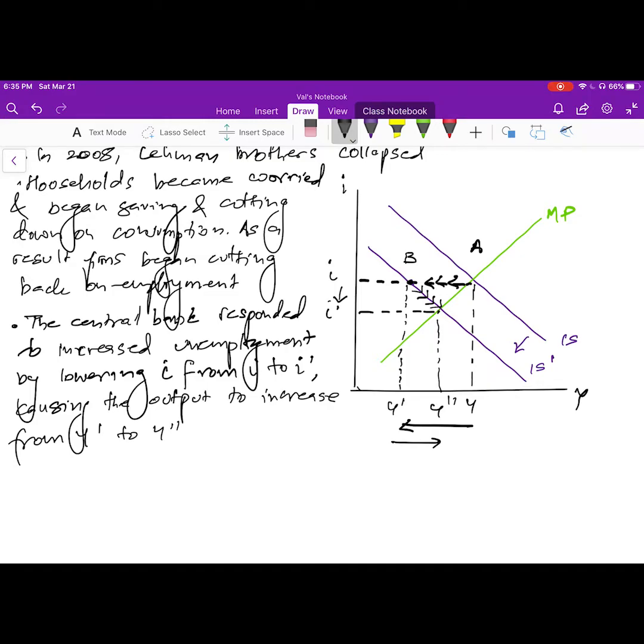Once again, this is super basic. This is something that you should have done in any macroeconomic class you've taken in the past.